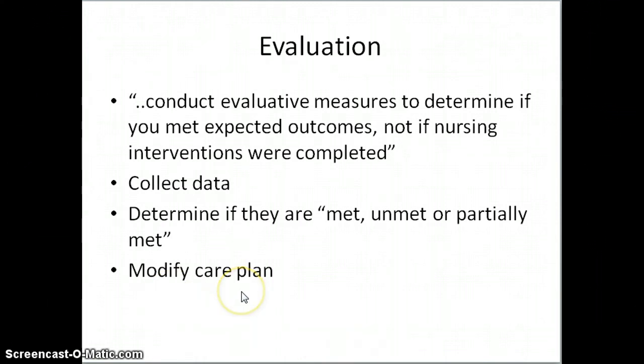We can modify it at that point then and say, you know what, this patient isn't responding. We need to change our care plan and maybe make it that the patient sits in the chair 20 minutes a day and he can tolerate that without getting deoxygenated. So we want to assess how the client responds. We want to compare it to how they're doing, and then we want to judge the response that they have to make our decisions for future cares.